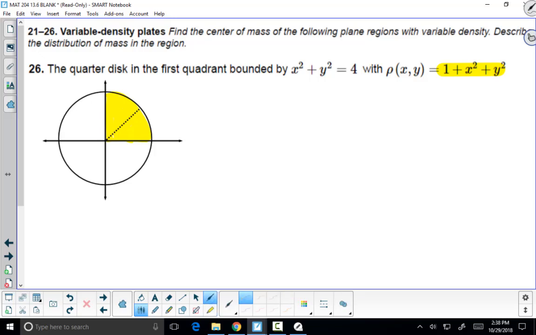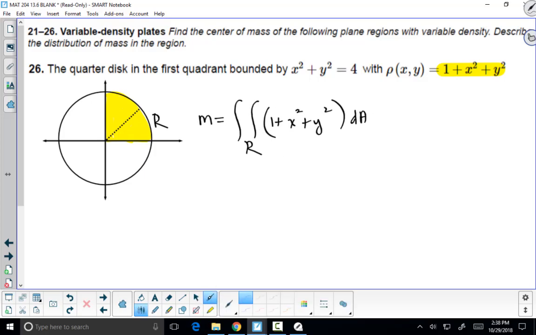All right, we definitely always have to find the mass. So the mass will be the double integral of the density function on our region. Now, do we want to switch to a different coordinate system? Yeah, let's do polar. It's two-dimensional, so we can do polar.